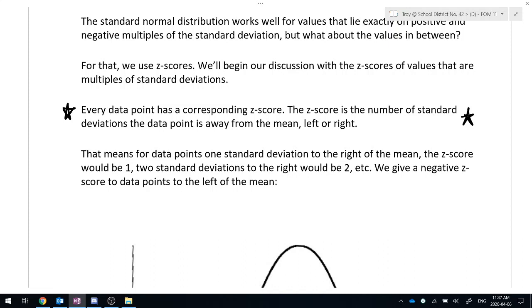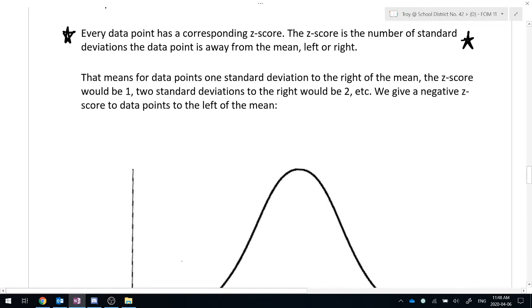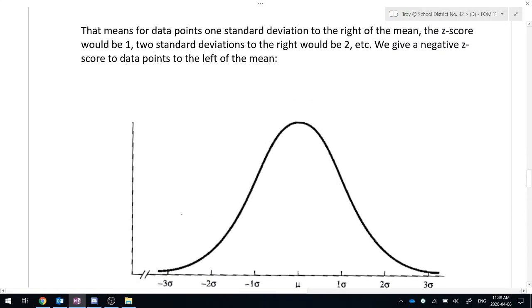This is the important thing to understand: every single data value is going to have another value that's a z-score. Each point has its own z-score.